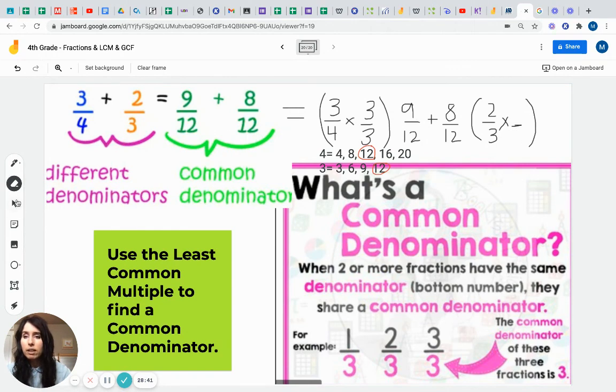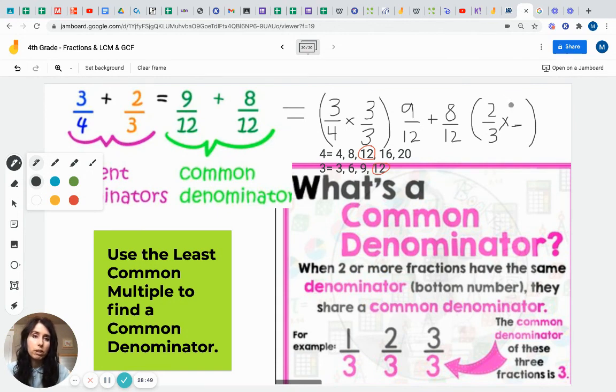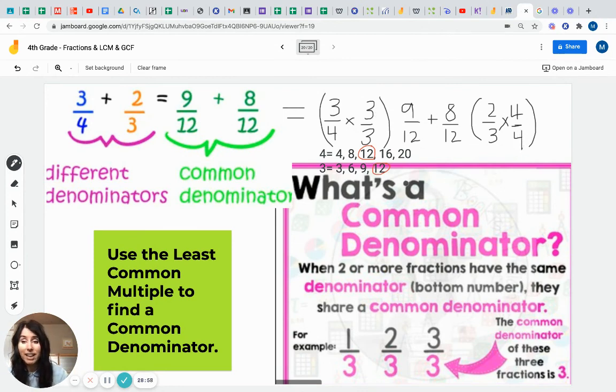You're going to have to say, 3 times what is 12? And the answer is 4. So this one's going to be 4/4. These are going to be different because those are the factors that you multiplied together to get 12 as your product.